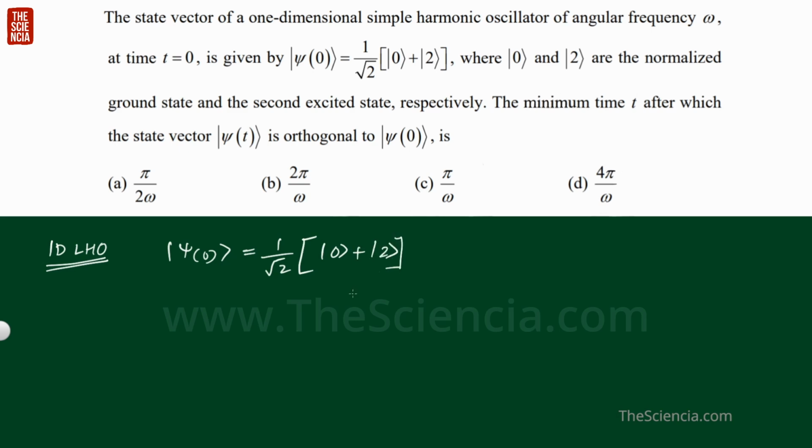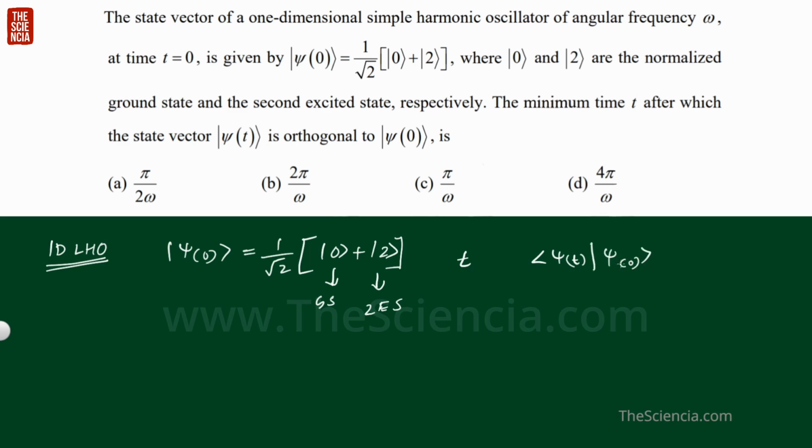Here they specified ket 0 and ket 2 are normalized, and they are the ground state and second excited state of the linear harmonic oscillator, and they ask to find out the time after which this vector psi of t is orthogonal to psi of 0.